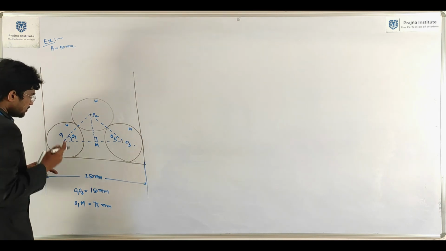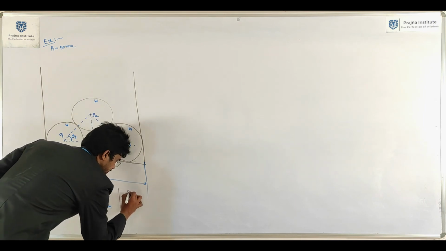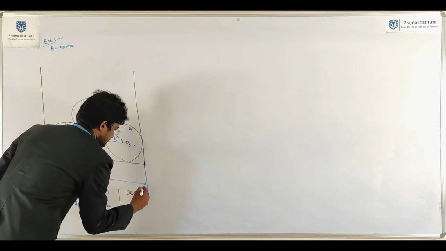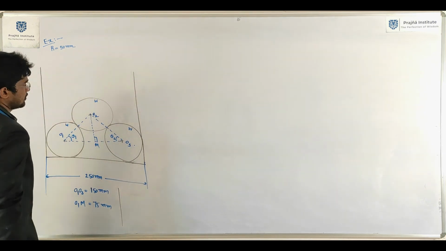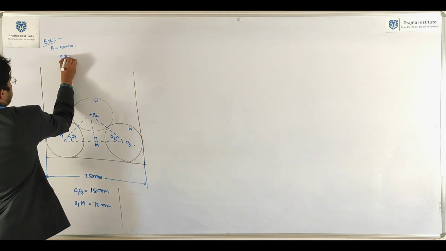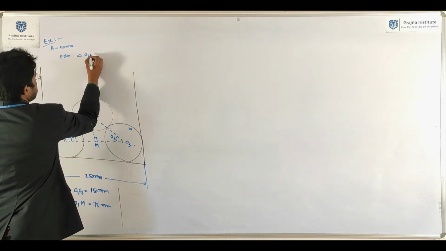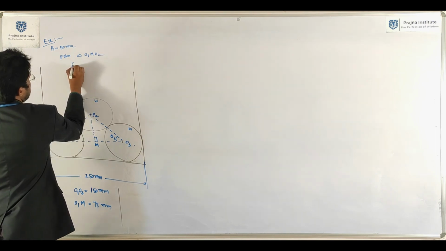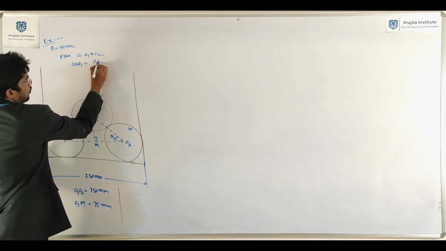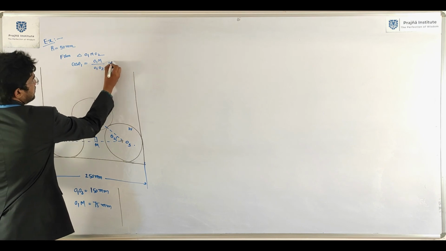So then what is the value of cos theta 1? You can write from the triangle O1 M O2: cos theta 1 is equal to O1M by O1O2.